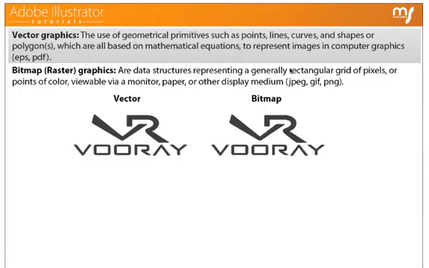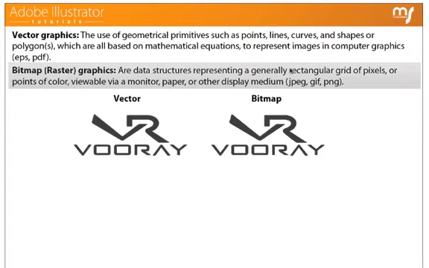I just put in parentheses that common file types you'll see for Adobe Illustrator are EPS, PDF, or if you're saving it out as an Adobe Illustrator file, that's a .ai. Now, what does that definition mean? It's quite complicated. What that means is that vector images use a lot of mathematical formulas, using shapes and lines and curves to create a particular design.